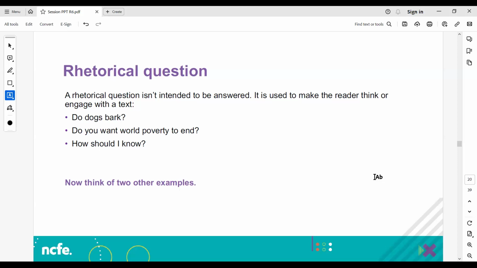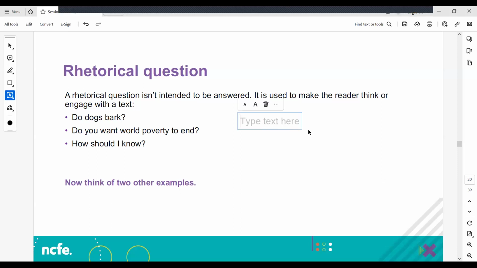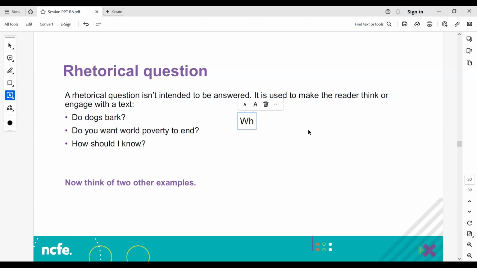But it's just a different way of saying it for emphasis to make people think and engage. So can anyone think of another example of a rhetorical question? If someone gets home late, you've been expecting them for hours, what might you say to them? What time do you call this? Good.